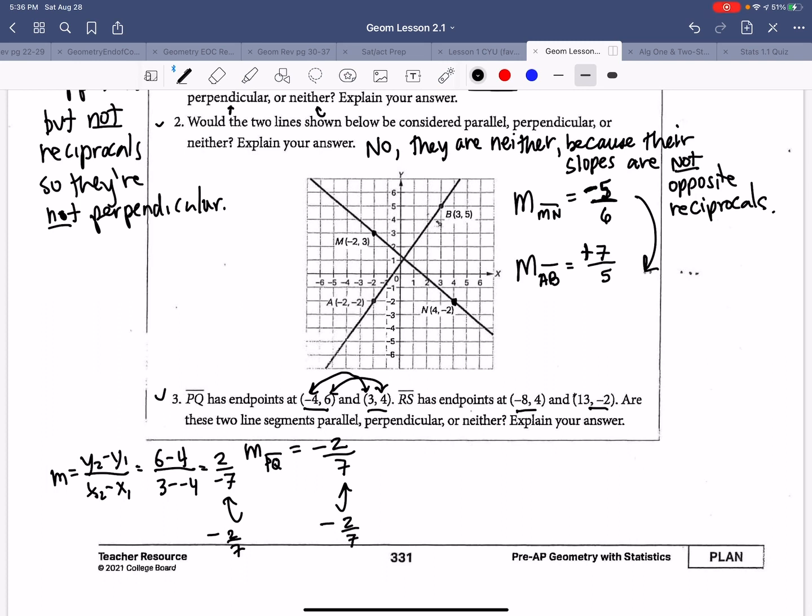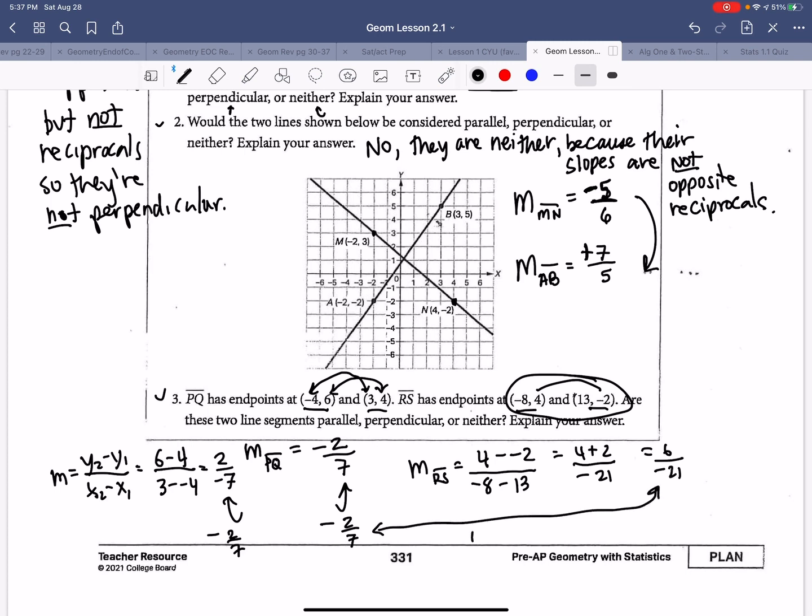All right, now let's see the other one. So we could again graph it, or we could just do the math. So let's do the math. The slope of RS would be subtract the 2, 4 minus negative 2, which would be 4 plus 2, or 6. And the denominator would be negative 8 minus 13. So that'd be a negative 21.